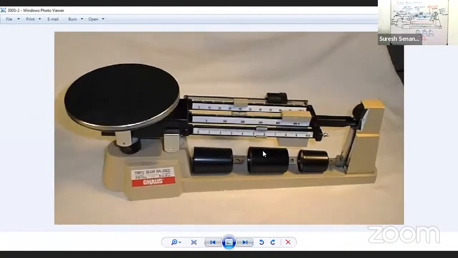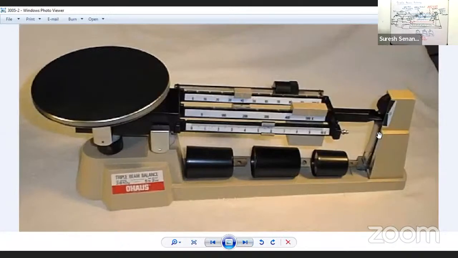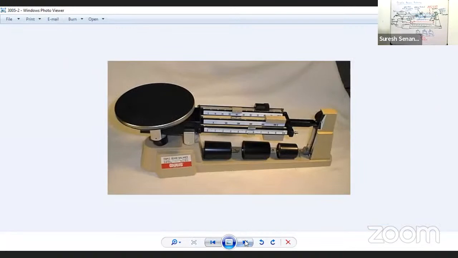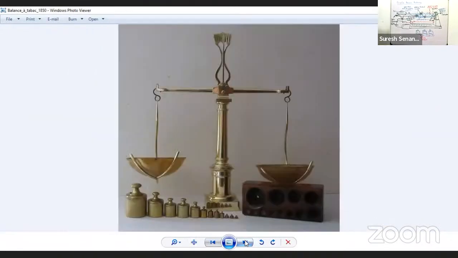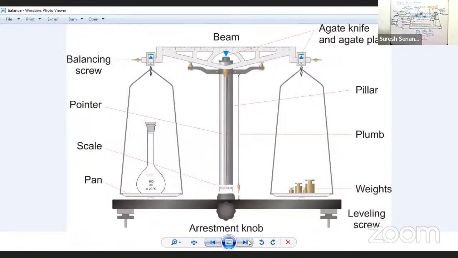This one is another. All are the same like this, right? These are the chemical balances. Chemical balances are the main thing.